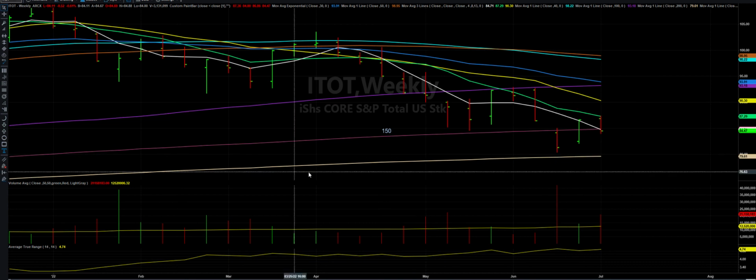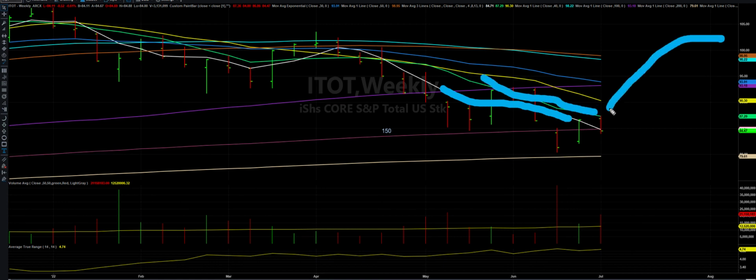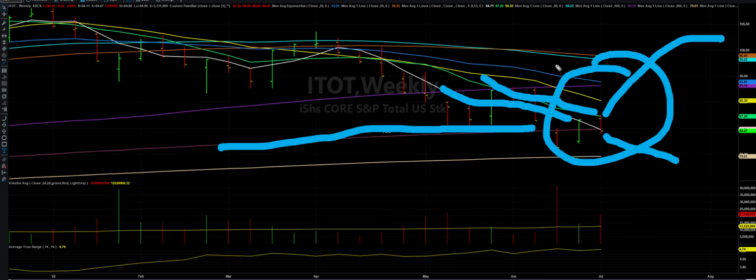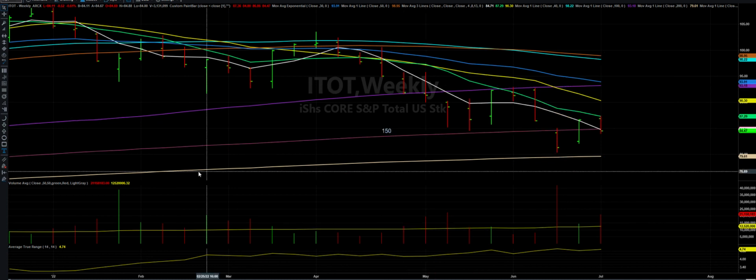But the ITOT is in a very peculiar situation. Look at the key moving averages. Look at the downward trending 4-week moving average. Look at the downward trending 8-week moving average. The high of this week is almost to the penny of the downward trending 8-week moving average, and we closed below the 150-week moving average today. So our indicators, our key moving averages, are telling us the momentum is still to the downside on the ITOT.